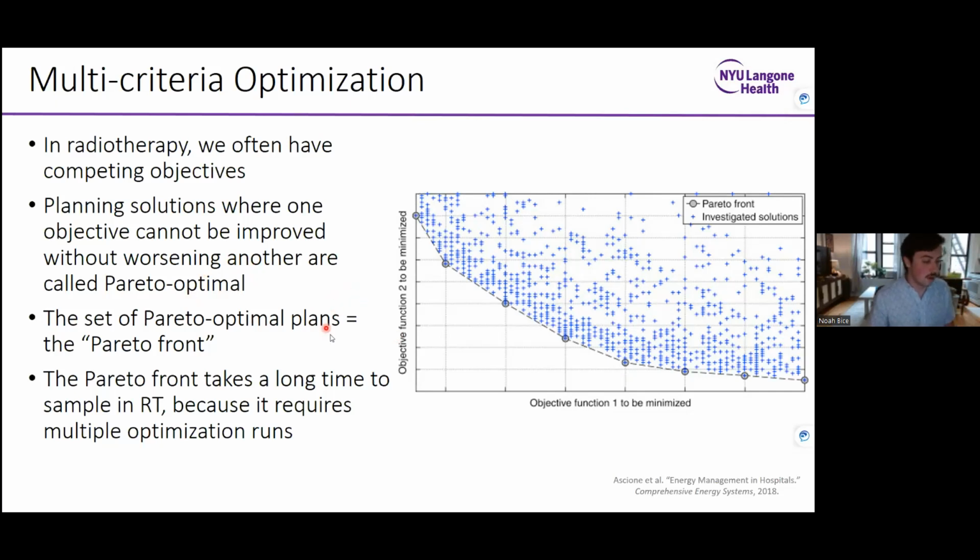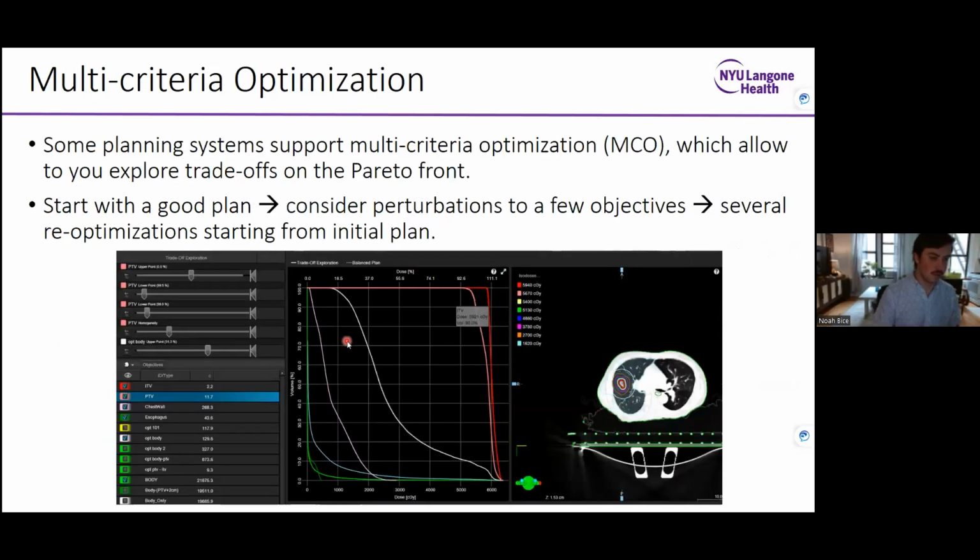The Pareto front is difficult and takes a long time to sample in radiation therapy because it requires multiple optimization runs. I know that some treatment planning systems currently support multi-criteria optimization, this sampling of the Pareto front, and allow you to explore trade-offs.